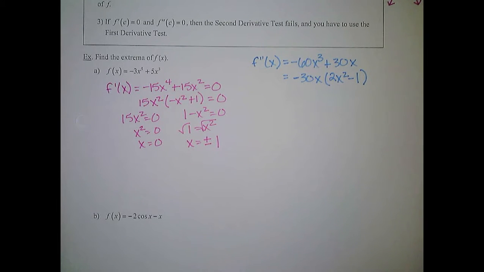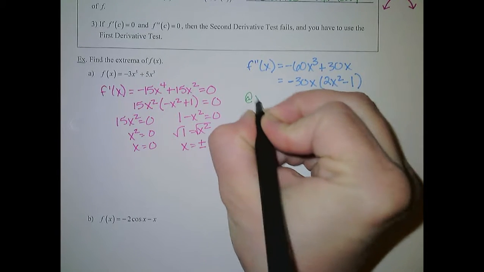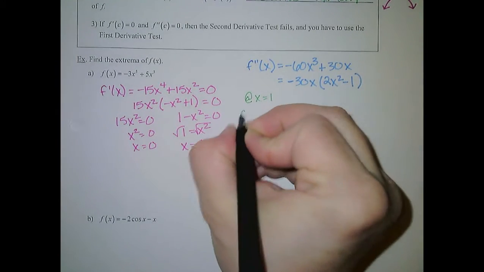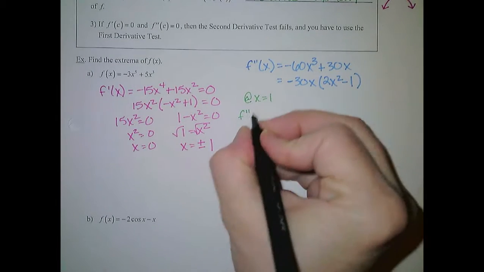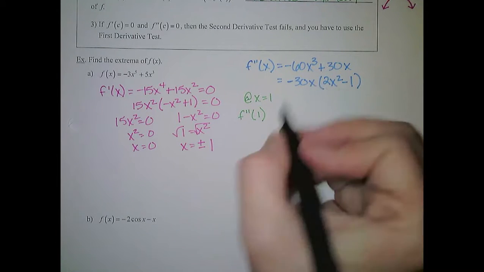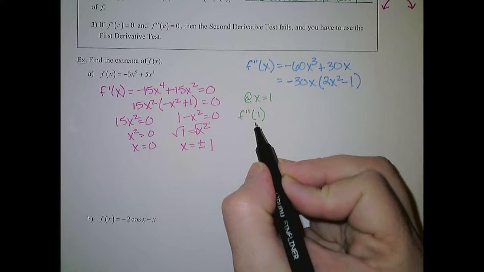So now I have my second derivative, and I want to know, what is the sign of the second derivative at each of these values? So I'm going to start with x equals 1. At x equals 1, the second derivative at 1, again, I don't need to know the exact value per se.